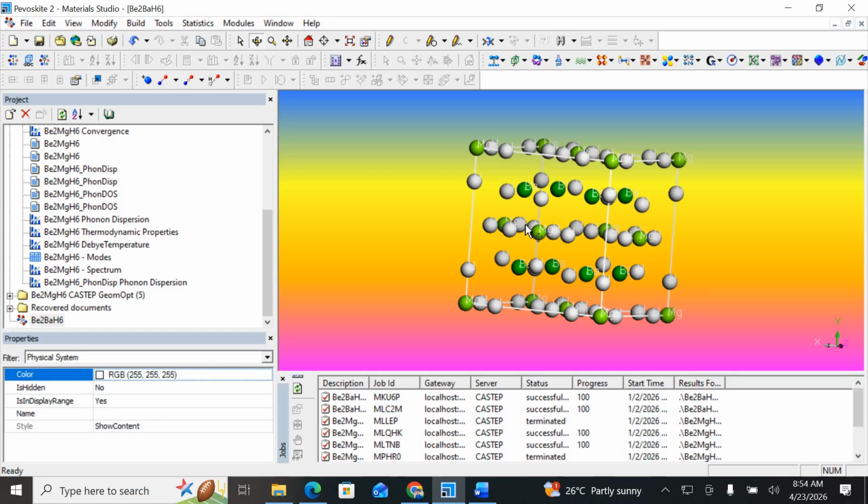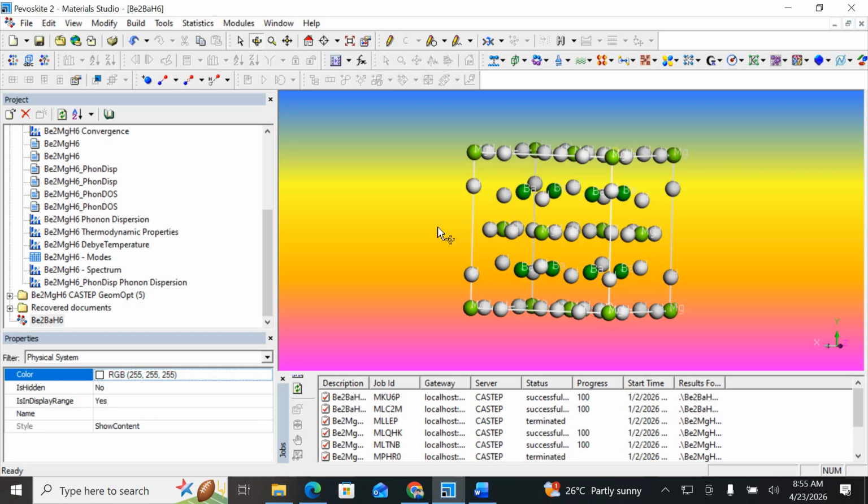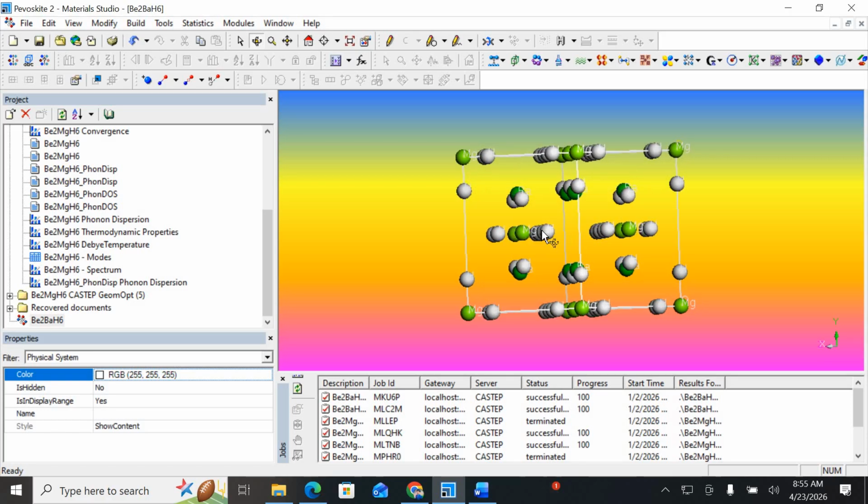The focus of this lecture is to clearly understand two key concepts. The first one is thermodynamic stability, and the second one is dynamic stability, and how we evaluate them in practical DFT calculations. These concepts are essential because in any research study, especially for hydrogen storage, it is not enough to show that a material can store hydrogen.